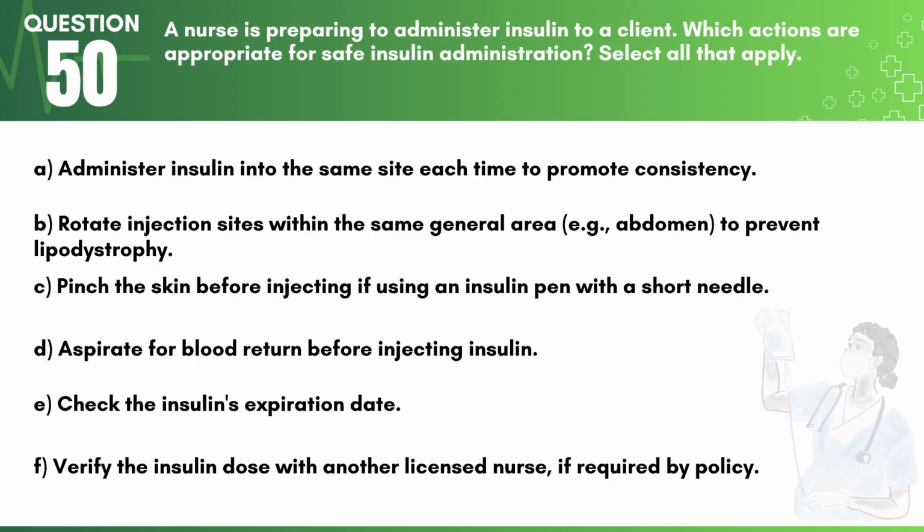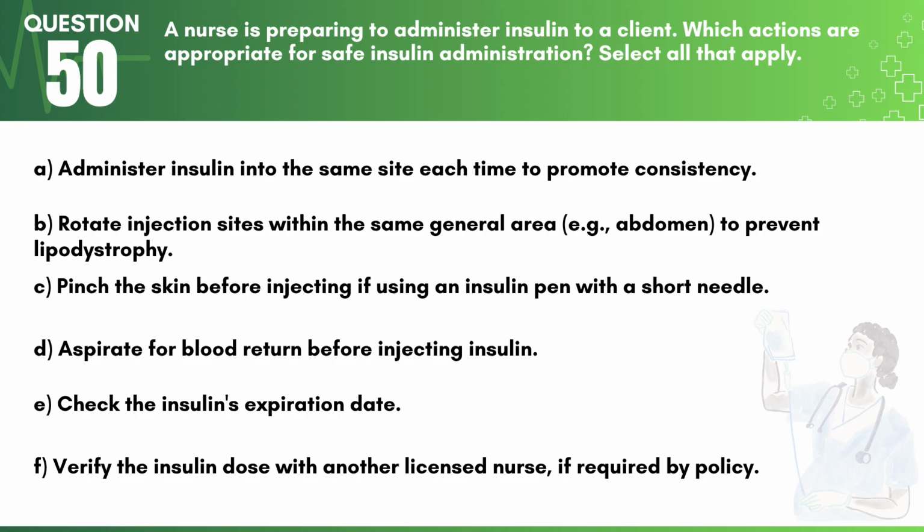Question 50. A nurse is preparing to administer insulin to a client. Which actions are appropriate for safe insulin administration? Select all that apply. A. Administer insulin into the same site each time to promote consistency. B. Rotate injection sites within the same general area, e.g., abdomen, to prevent lipodystrophy.